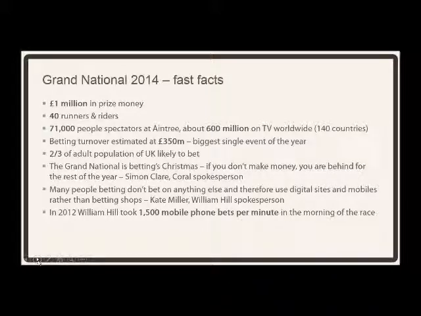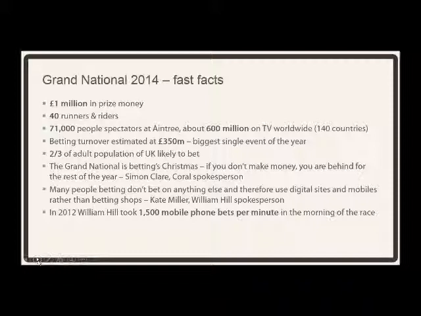I'm sure everyone will probably be familiar with a lot of these stats, but I just thought it would be good to set the scene a little bit and show how important this is to the gaming and betting industry. Obviously for the riders and the horses as well, very important because there's £1 million in prize money. I think that's probably the biggest pot of the year for the 40 runners and riders. A TV audience worldwide of 600 million across 140 countries.